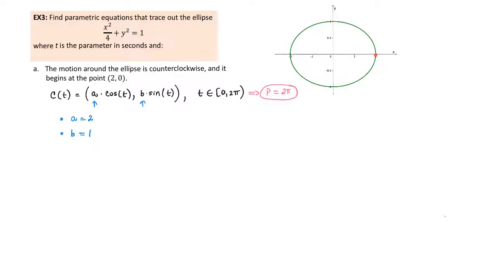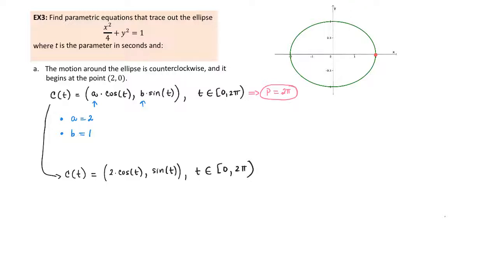All right, so now writing down the set of parametric equations for this ellipse, we are going to have 2 times cosine of t, comma, sine of t, where again t is going to be in the interval 0 to 2 pi. And just to quickly test what they wanted us to satisfy, they wanted the ellipse to begin at the point 2 comma 0.